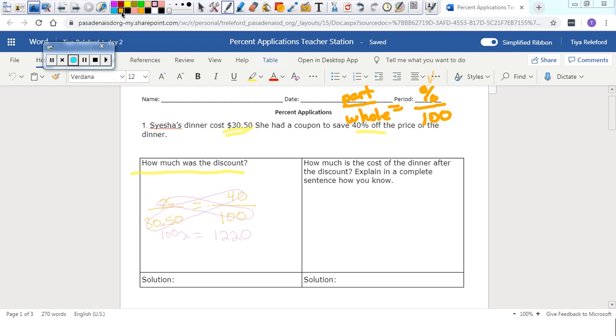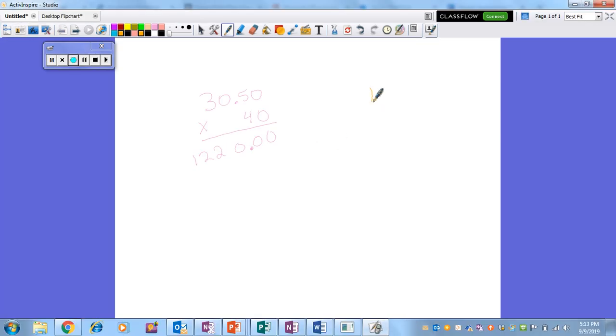Now, after you get your multiplying done, you need to solve. So you're going to divide by 100. And again, that's something you do on scratch paper. Or hopefully you remember your 100 trick.